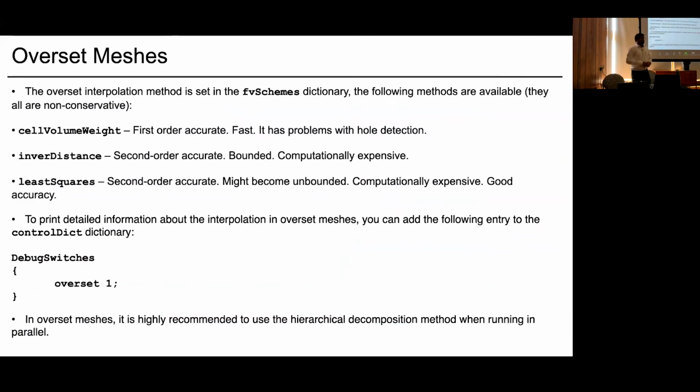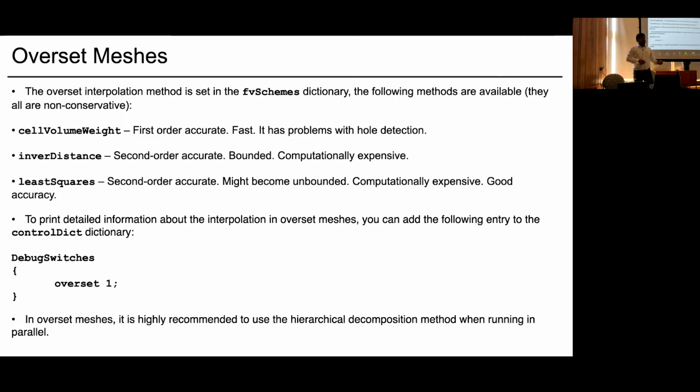And the most important fact here is what kind of interpolation technique we are using, right? So in OpenFOAM, we have multiple interpolation methods within these overset zones. These three are the most popular. One is cell volume weight, which is first order accurate and fast, but it has problems with detecting the cells in the hole.